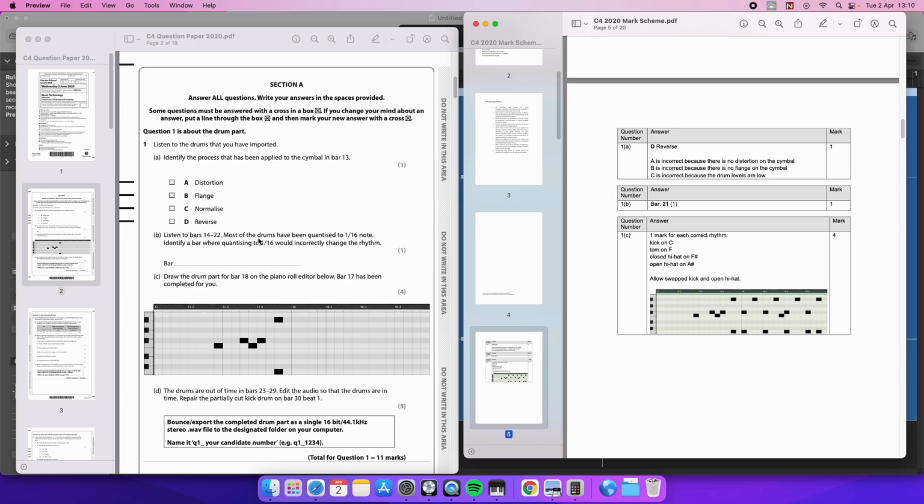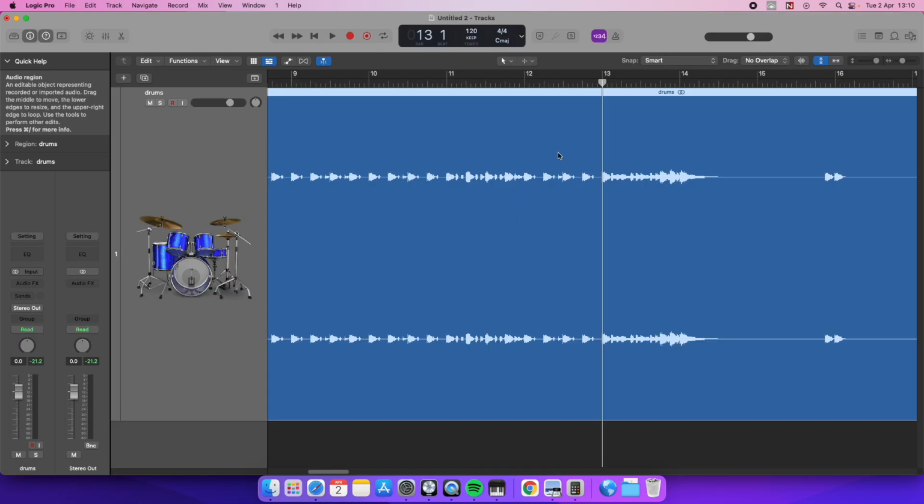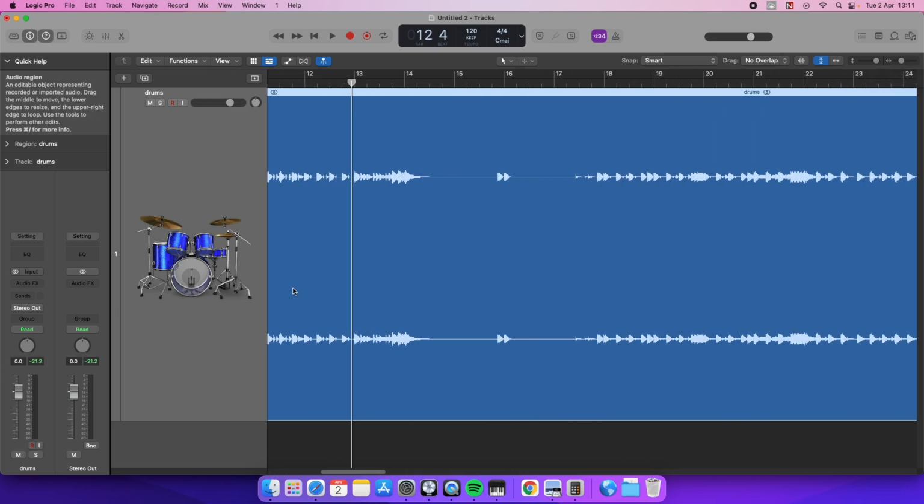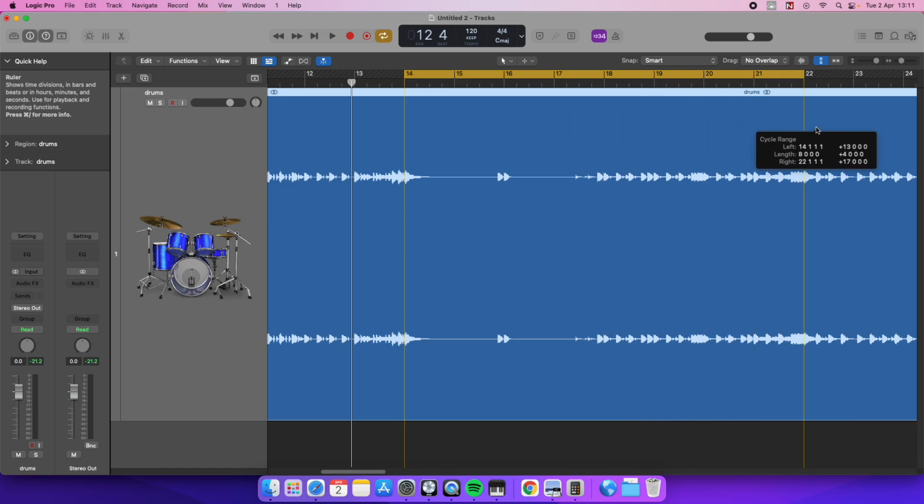Listen to bars 14 to 22. Most of the drums have been quantized to a 16th note value. Identify a bar where quantizing the 16th notes would incorrectly change the rhythm. 14 to 22. So let's scroll this guy over. Why isn't my scroller working? That's weird. 14 to 22, did it say?